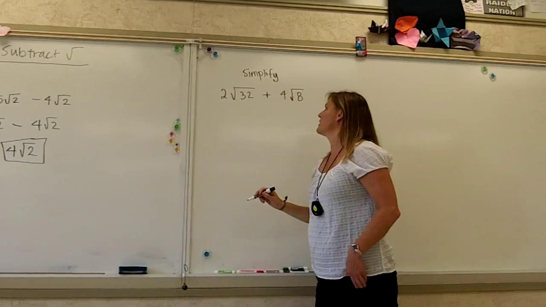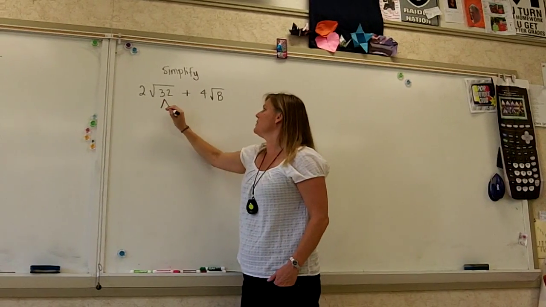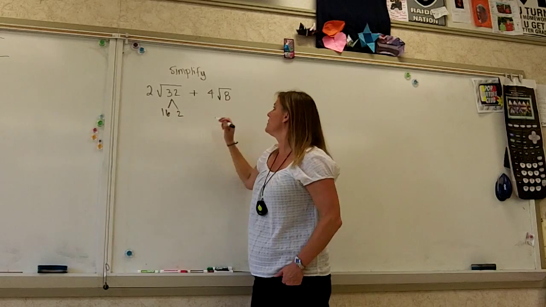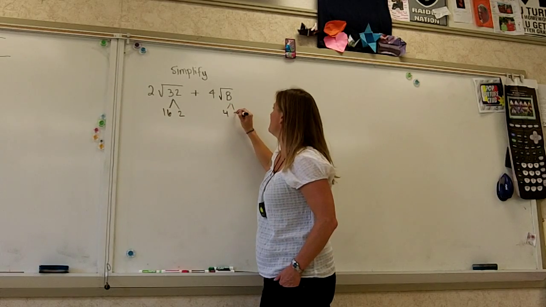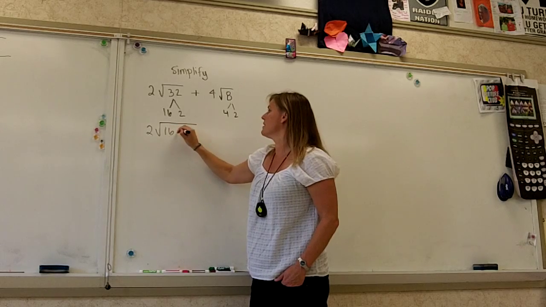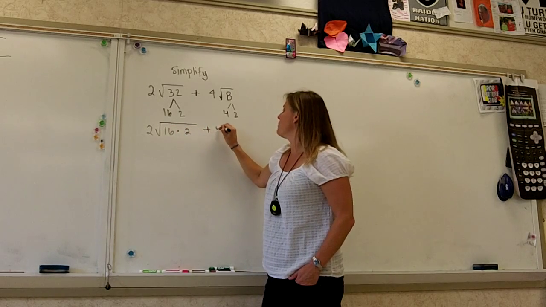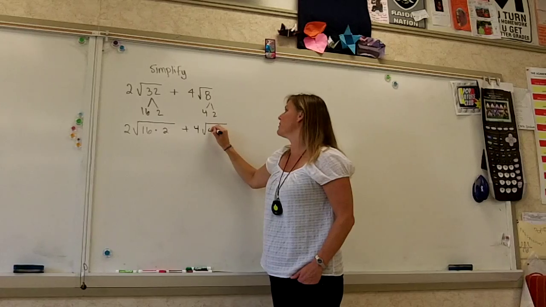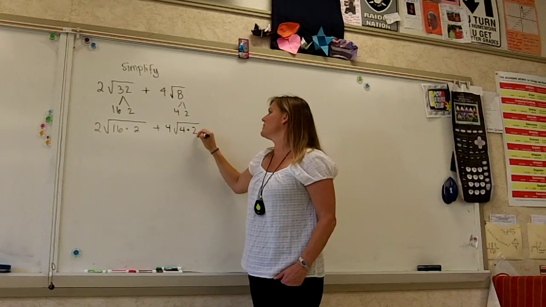the square roots first. So 32 is 16 times 2, and 8 is 4 times 2. So if I write it like this, 2 times the square root of 16 times 2, plus 4 times the square root of 4 times 2.